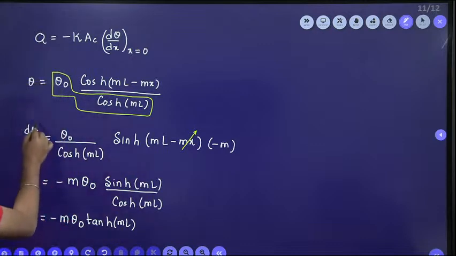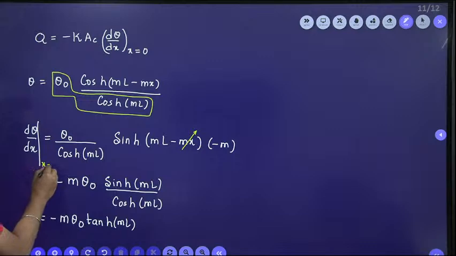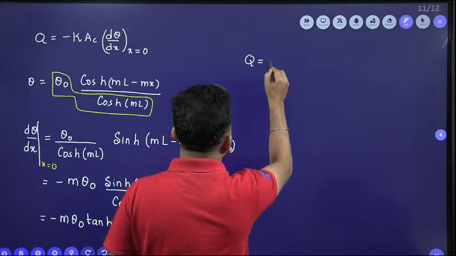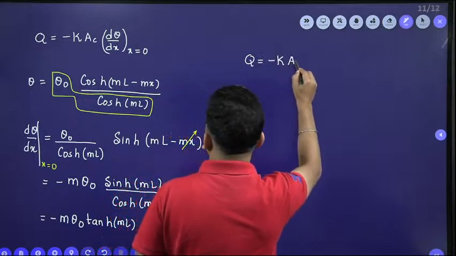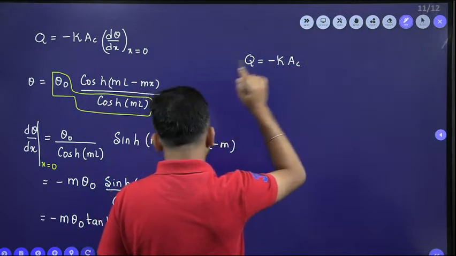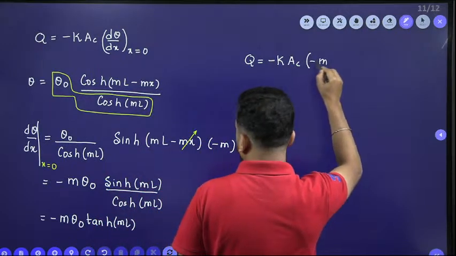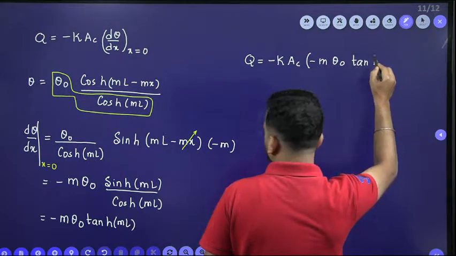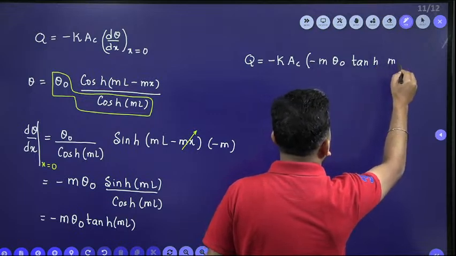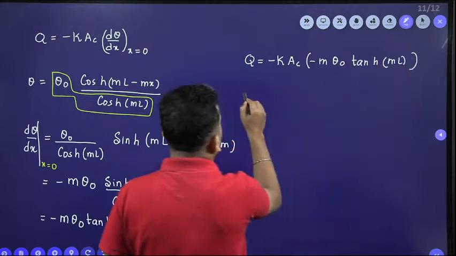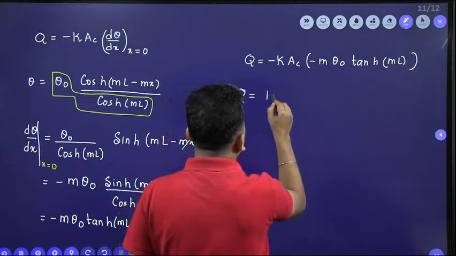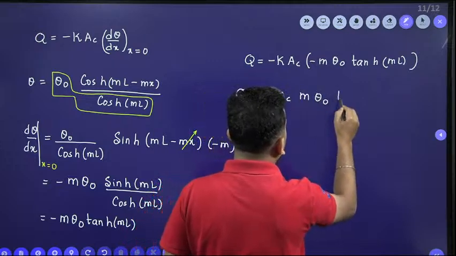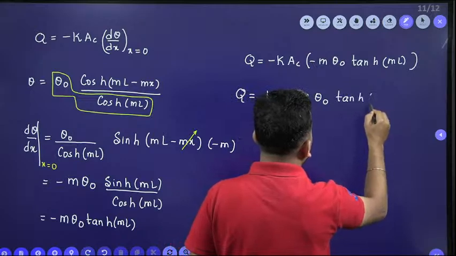So this is all at x equal to 0, do not forget x equal to 0. Now we can very neatly substitute over here, minus K AC. So we are getting K AC m theta naught tan h ml.